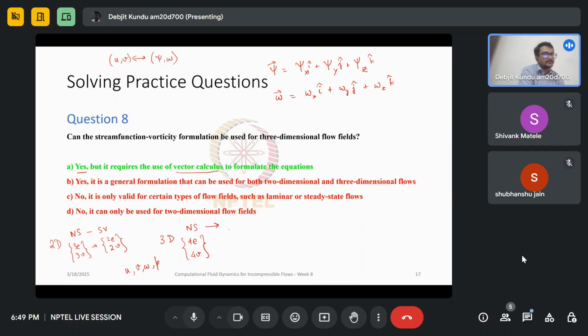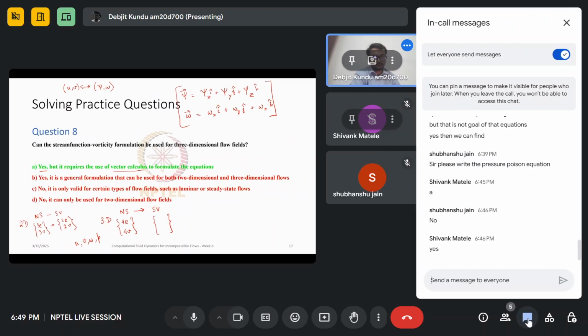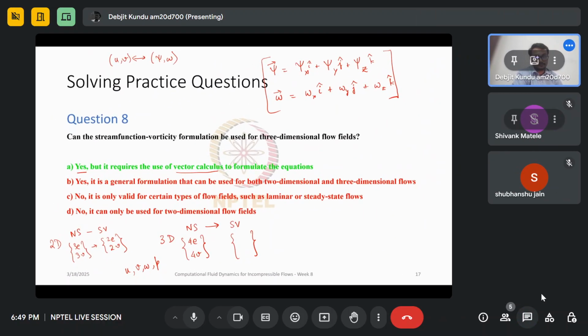Now in 3D, when you go to the stream function vorticity formulation, how many unknowns do you have? Take a look at this. All three components are unknowns, for both psi and omega.